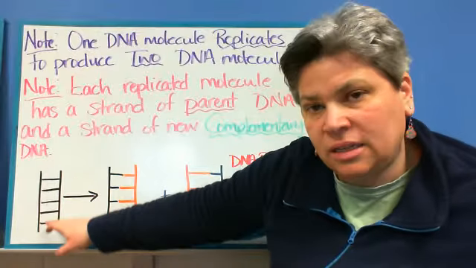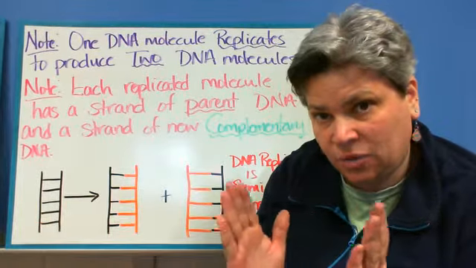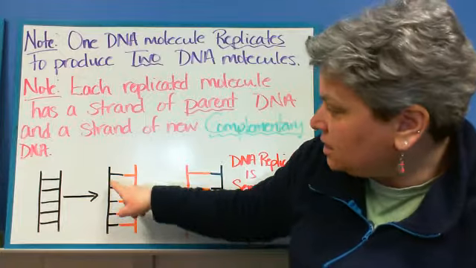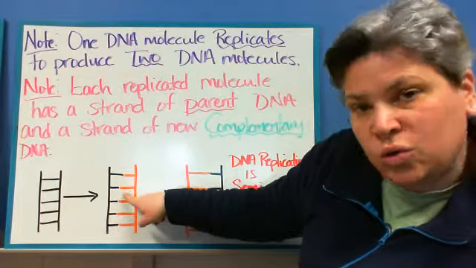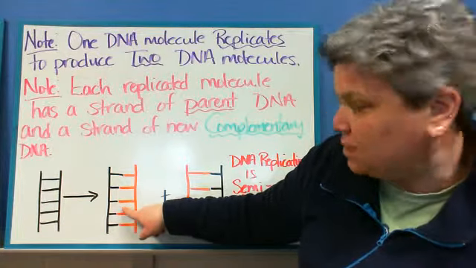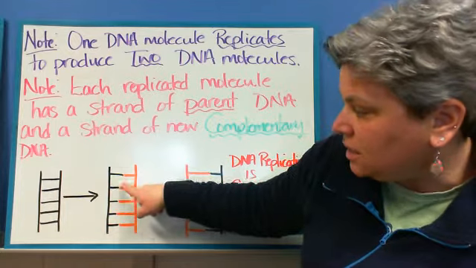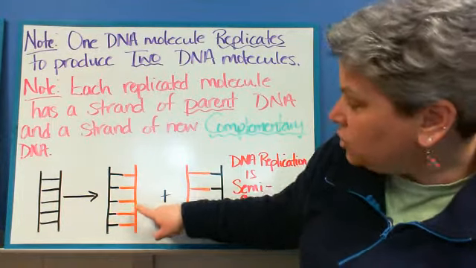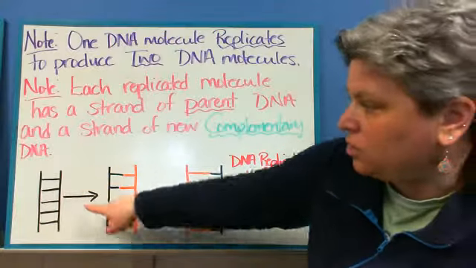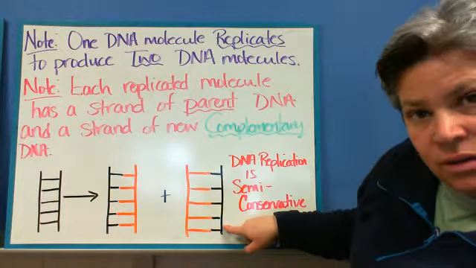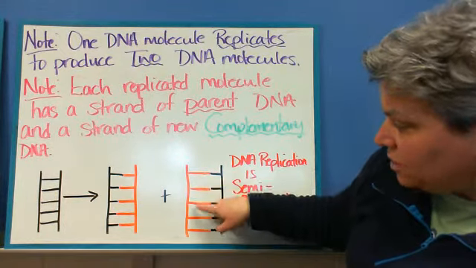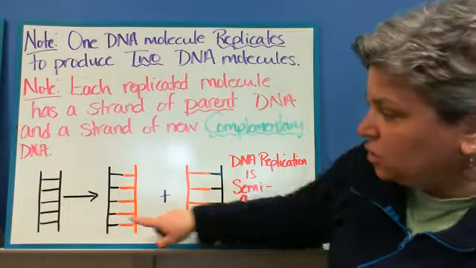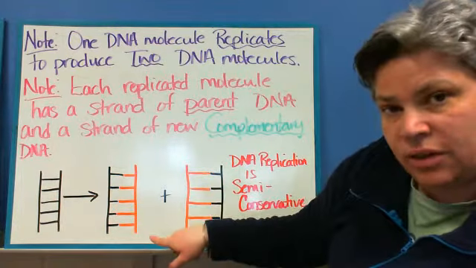When that gets unzipped, when that gets opened up on those weak hydrogen bonds, it's then going to match up to a new complementary piece. So if this was A, this would be T, C would be G, G would be C. So the other half of my original strand is here, and again, those complements are going to fill in. So my one strand will give me two strands.